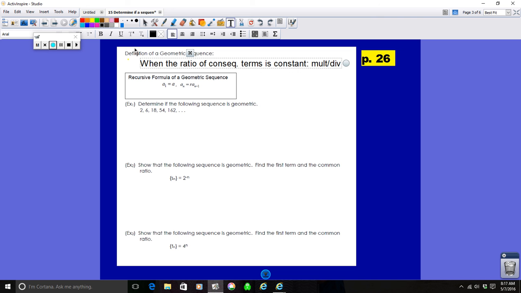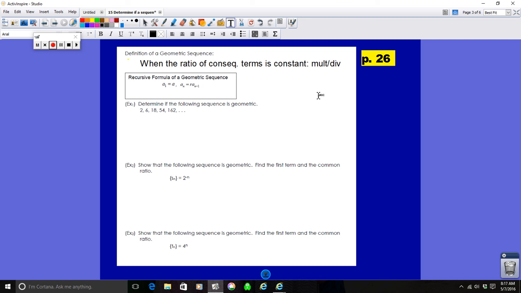So this down below is the recursive formula for a geometric sequence. Again, I provide that when they ask for it, but I typically will use the other rule for explicit or the nth term of geometric sequence to answer most questions. But down below here, what they are asking us to do is to show or determine if we have a geometric sequence here.